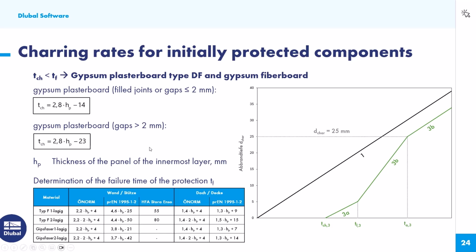So compared to 21, we will have an additional reduced charring rate for an additional 31.5 minus 21 minutes.